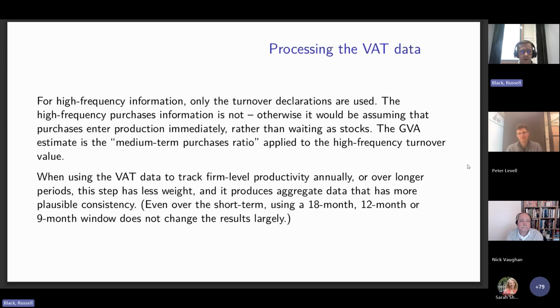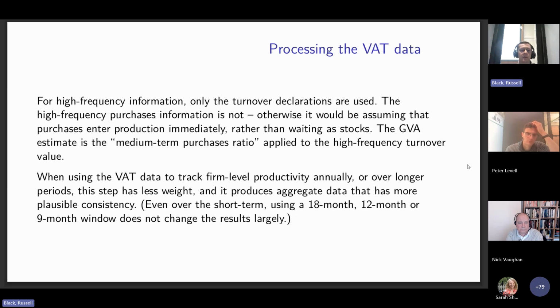The high frequency data from their purchases, unless HMRC decides that it is going to be split down into different margins, I'm not sure there is much you can take from this, other than for observing the VAT data itself.